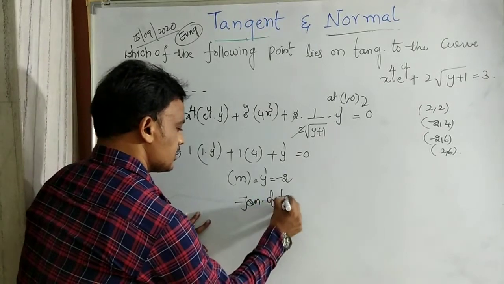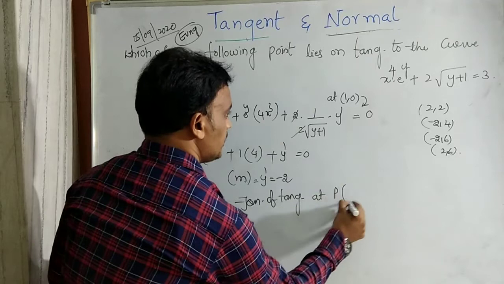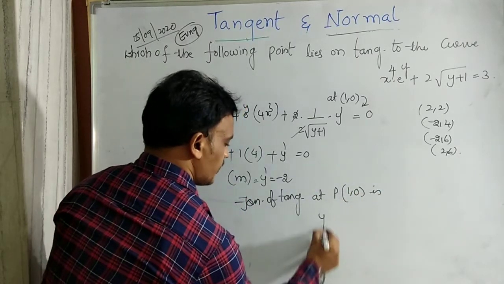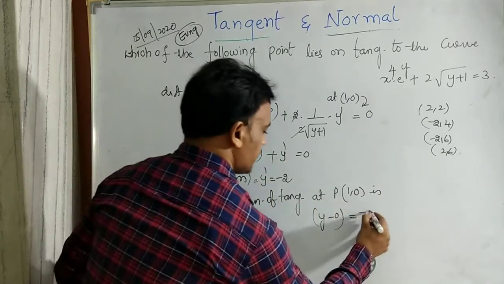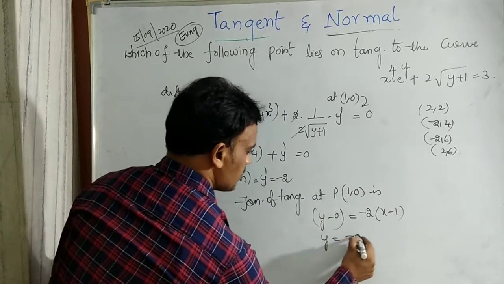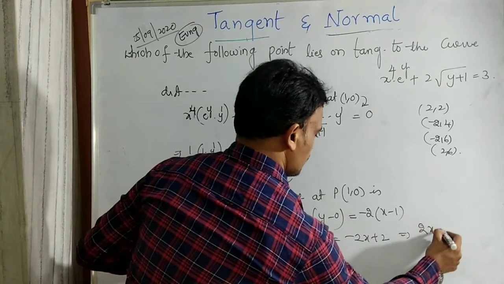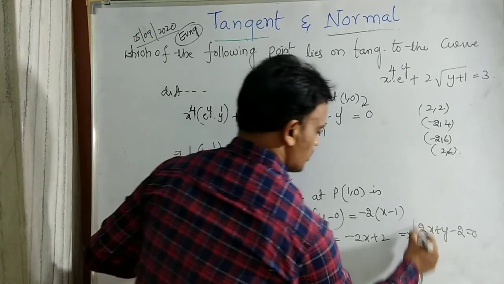Equation of tangent at the point P (1, 0) is y minus y1 equals m, the slope of the tangent, which is minus 2, into x minus 1. This is y equals minus 2x plus 2, which is 2x plus y minus 2 equals 0.